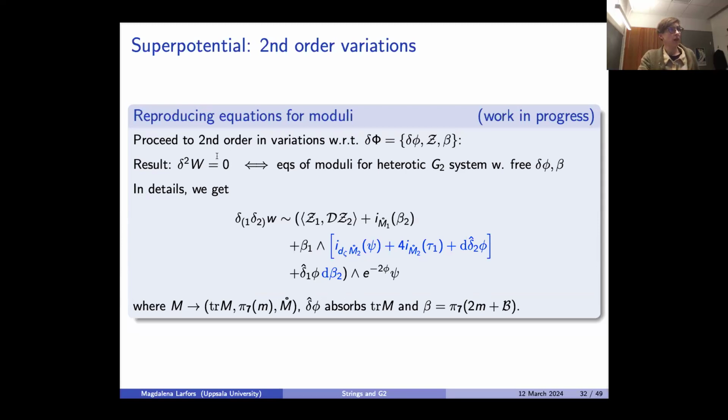First of all, we can check that indeed, if we take this approach and we vary the superpotential with respect to all of these fields, then we do reproduce all of the equations for the moduli of the heterotic D2 system. They look like this. So this is going a bit beyond the deformation study that we did in 2017.